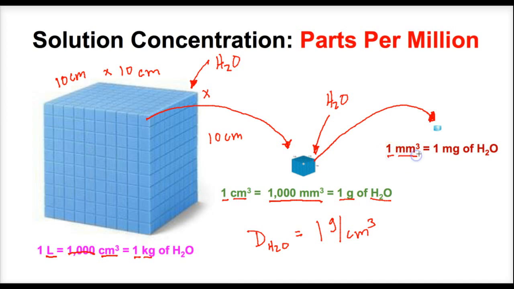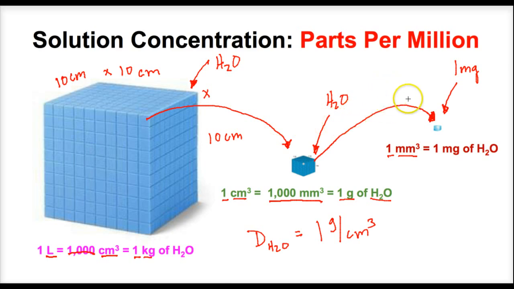And once again, if I were to fill this up with some water and put it on a scale, it would have a mass of 1 milligram. So these are important concepts to understand, that 1,000 cubic millimeters make up a cubic centimeter, and 1,000 cubic centimeters make up this 1 liter.